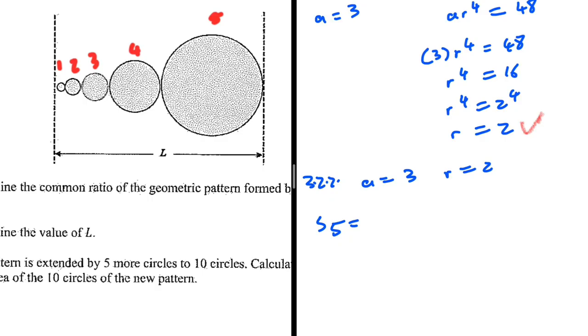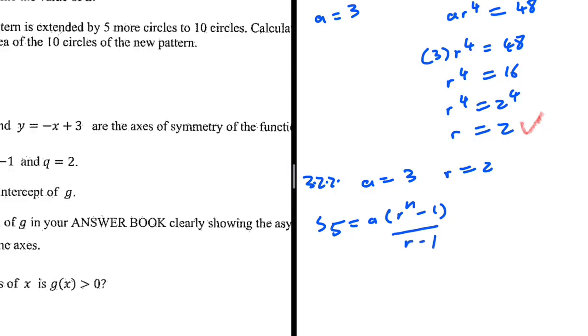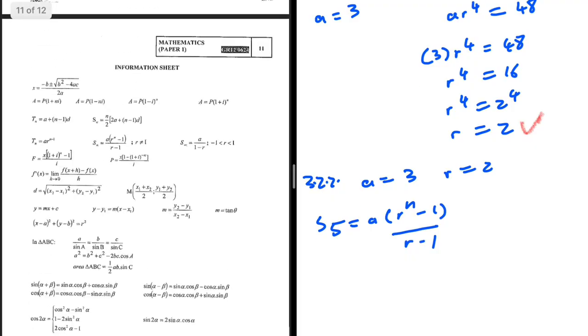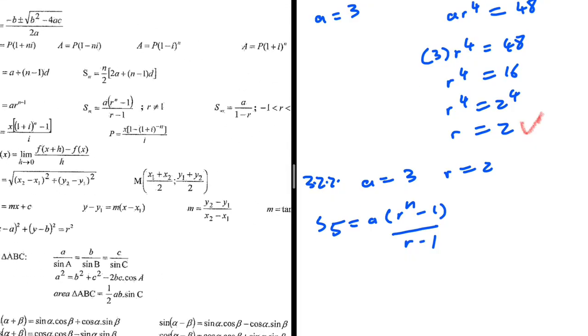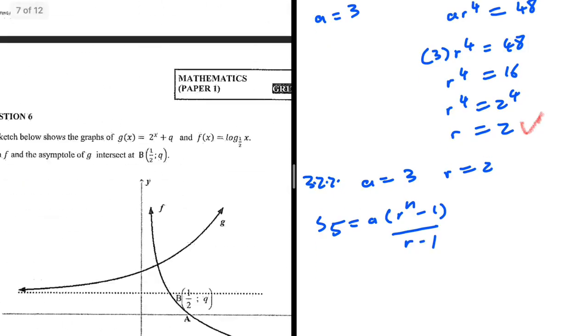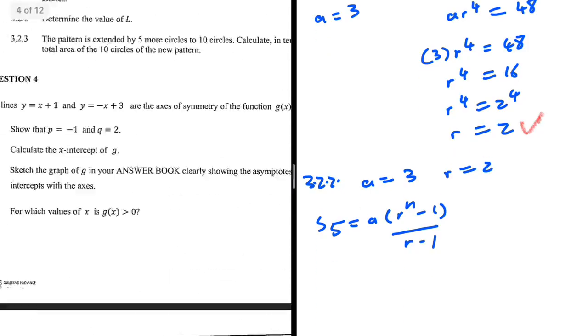How do we calculate the sum when we are given a geometric series that is finite? I think it is A times R to the n minus 1, divided by R minus 1. Let me just verify this before I make any silly mistake. I think this is one of the very few times I actually verify a formula. Okay, it is correct, no issues. So let's carry on and solve that.